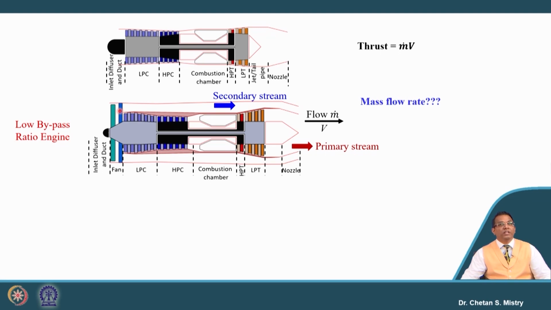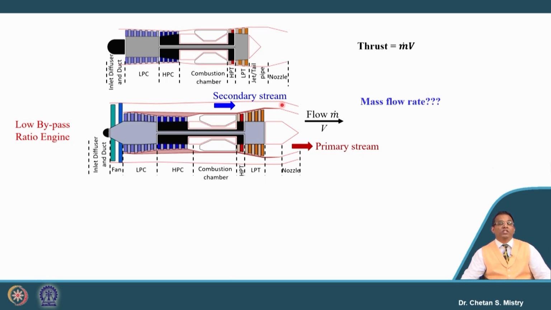Here this fan will be compressing the air, and that air will be passing through this duct, I say it is bypassing through this duct, okay. And at the end we have an additional nozzle, where we also have our exhaust, that is m dot into V.